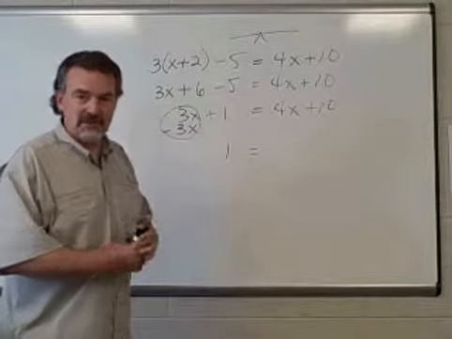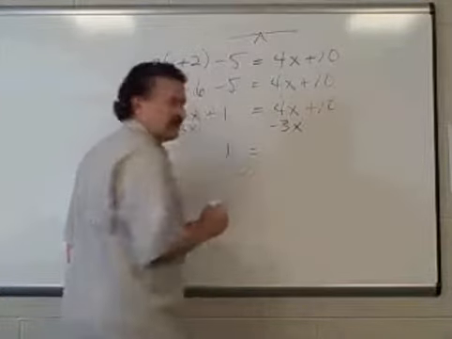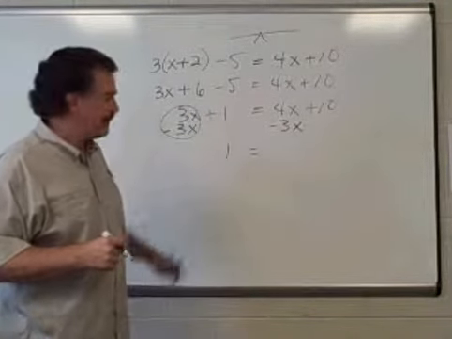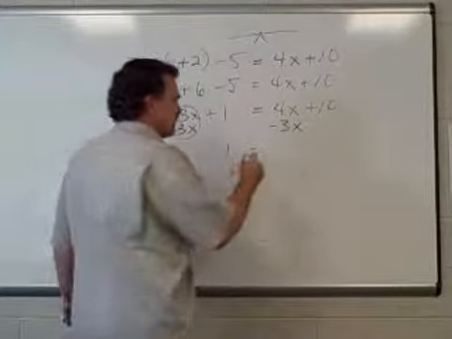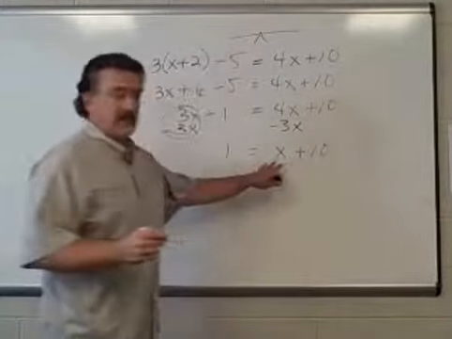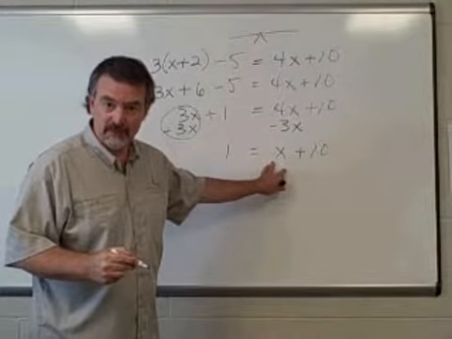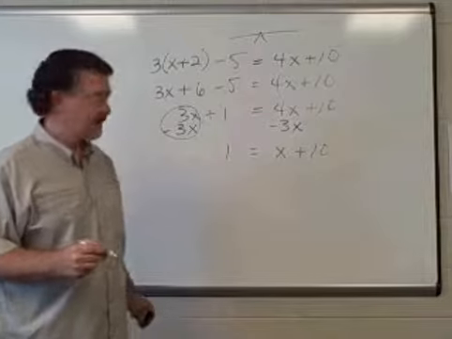So to keep our equation in balance, we have to take the same quantity away from the right side of our equation. 4x minus 3x would give us 1x. Or x, remember? No coefficient written for a variable term. The understood coefficient is 1.